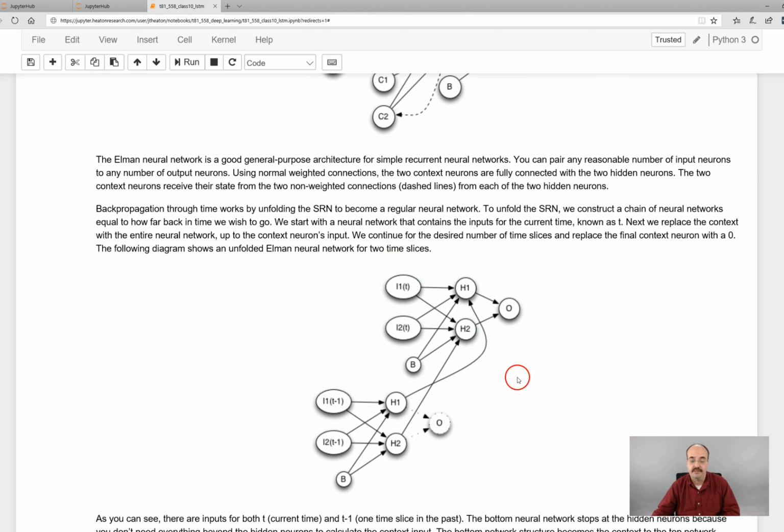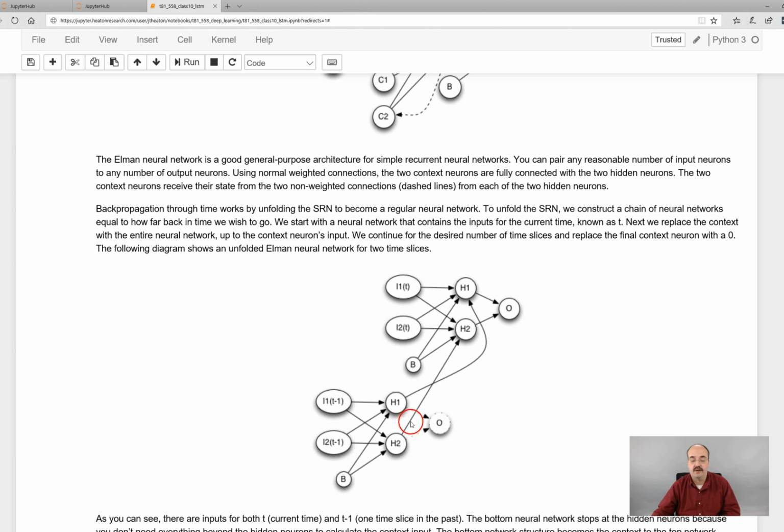So that's what we do. We take literally these two context values from the previous iteration, so we're taking this whole neural network here that was essentially the previous iteration. Notice I have the output neuron with a dashed line around it.